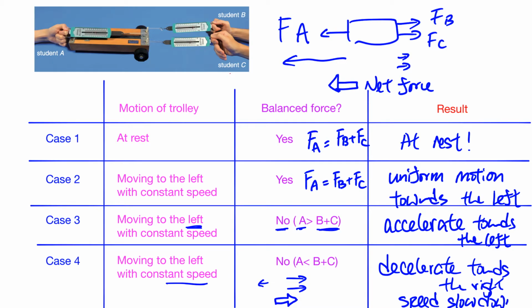So in short, if it is a balanced force, the object is either at rest or in uniform motion. But if it is an unbalanced force, it will be accelerating or decelerating. That will change the speed of an object.